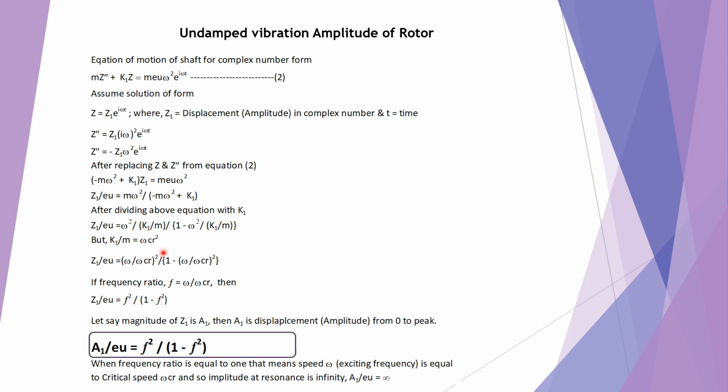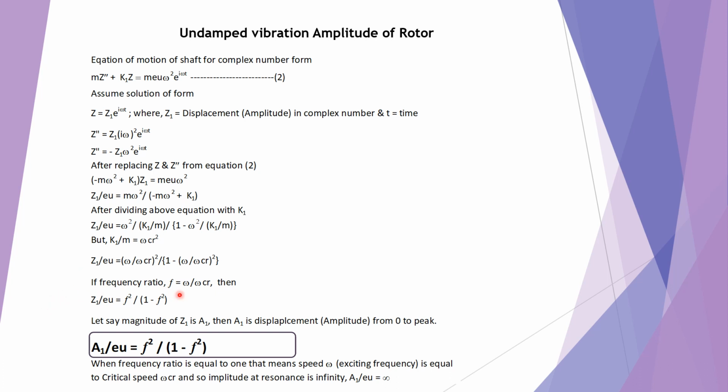But k1/m is equal to ωcr². So we can write z1 upon eu is equal to (ω/ωcr)² upon 1 − (ω/ωcr)².